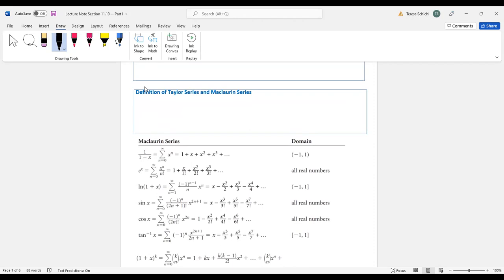Not every function can be written as a power series.